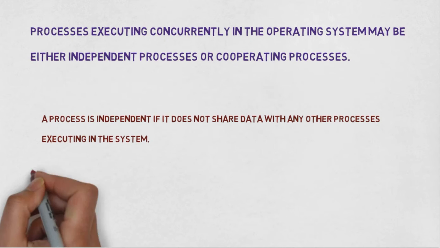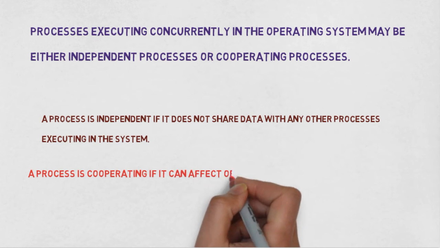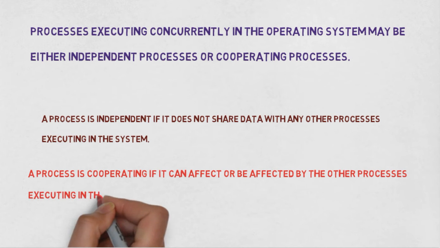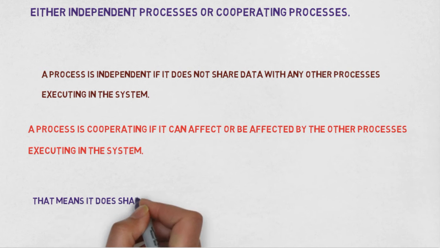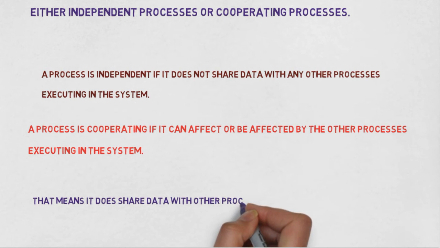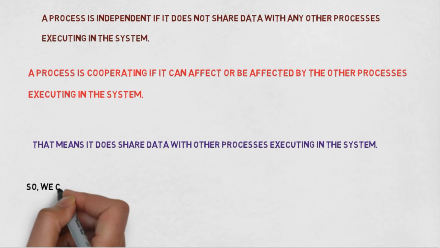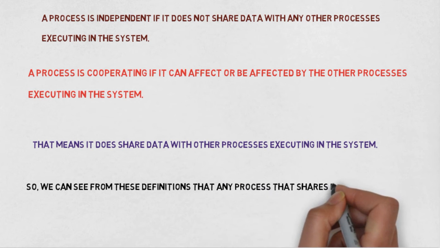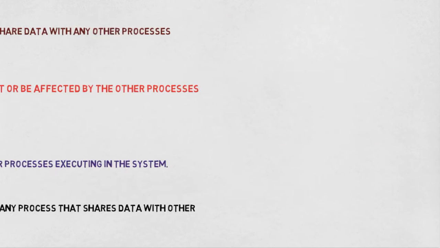And a process is said to be cooperating if it can affect or be affected by other processes executing in the system. That means it does share data with other processes. So we can see from these definitions that any process that shares data with other processes is a cooperating process.